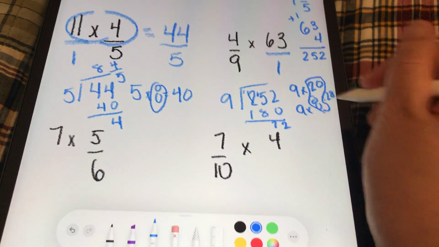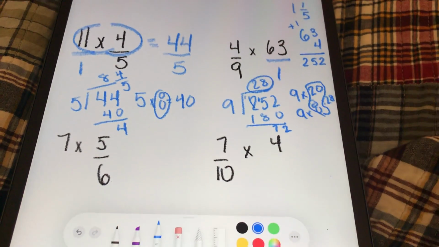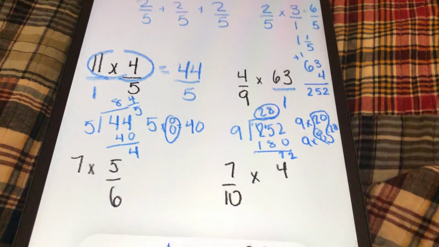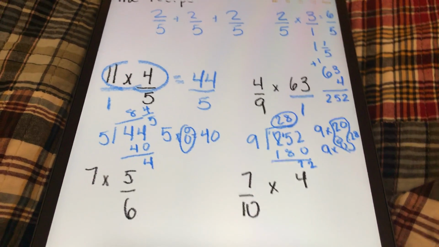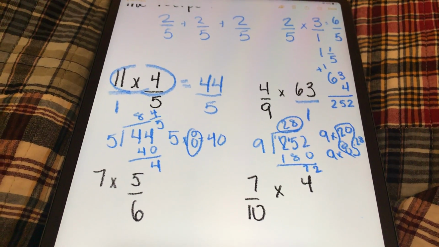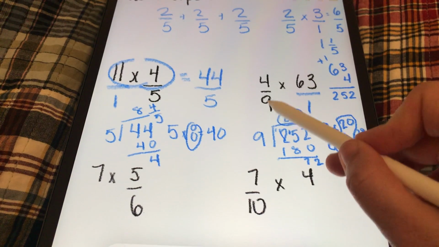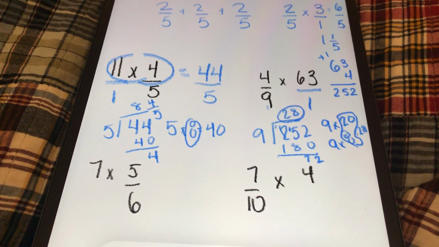So if I add 20 plus 8, I again get 28. So again, you have to pick which strategy works better. I'm always thinking about, can I divide that denominator by the whole number?